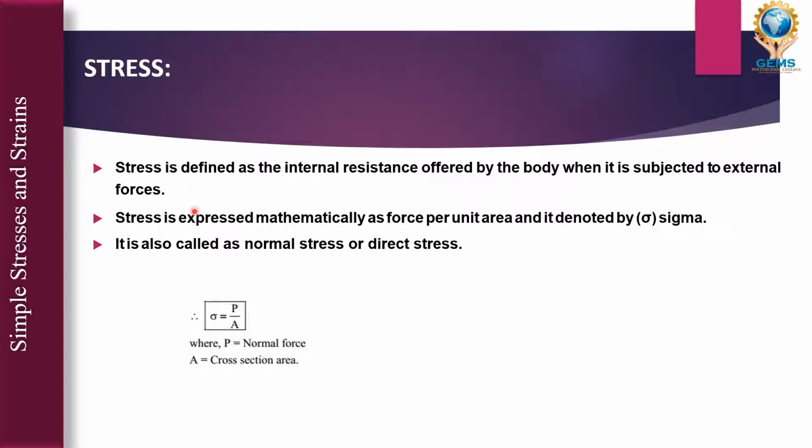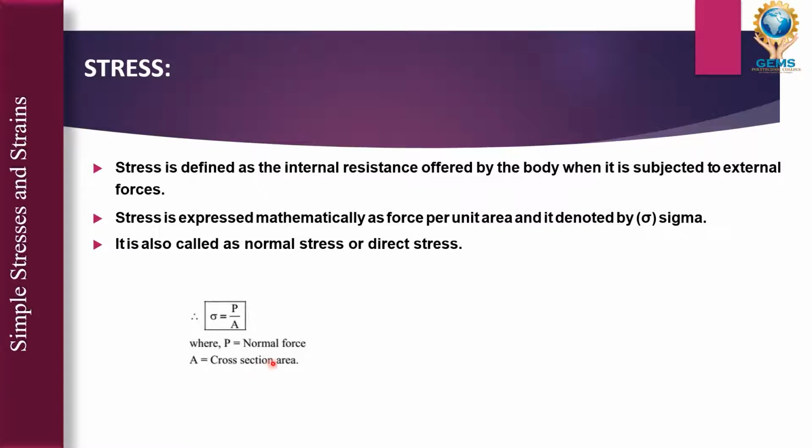Stress is expressed mathematically as force per unit area. Force per unit area means Newton per meter square and is denoted by sigma. Understand? And the stress is also called normal stress or direct stress. This is the formula: sigma is equal to P by A, where P is normal force and A is the cross sectional area.